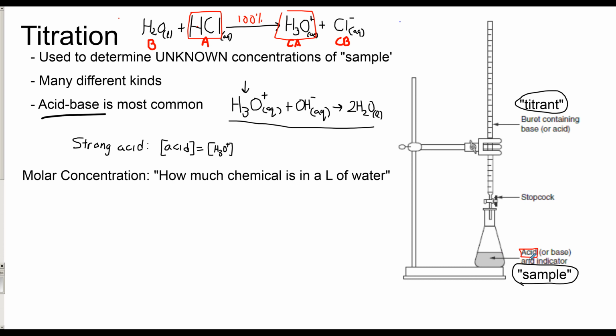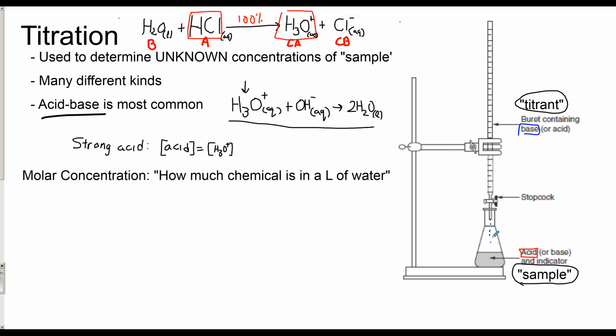So as we drip base into the acid, think for a sec. What's going to happen to the pH of our little Erlenmeyer flask down here? Well, if we're adding a base, the pH should go up.